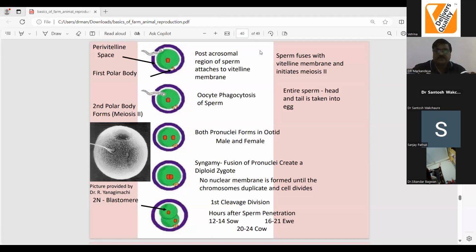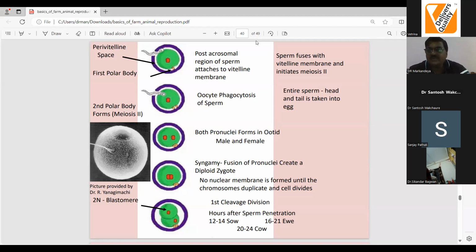Clinically, we should be perfect in synchronization, ovulation, and artificial insemination. After artificial insemination, it is our bounden duty to ask farmers to check, number one, how much time the animal continues in estrus after I have inseminated that animal.